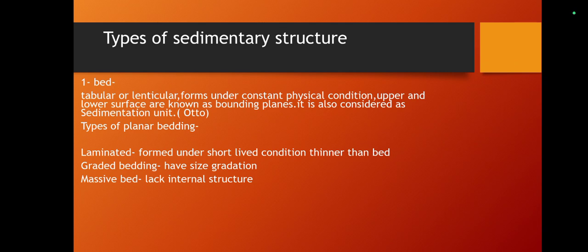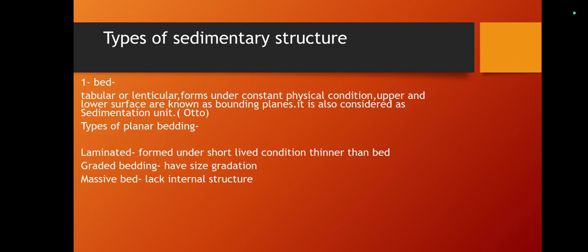And as the laminated beds are much thinner than the bed, it is possible that they can be eroded. So a non-toxic environment is very important, where organisms are not very prominent in the particular environment, so that it can be preserved, or else it will be eroded and consequently will not be preserved.